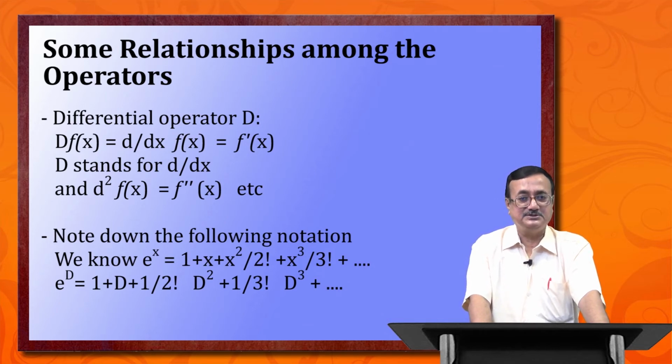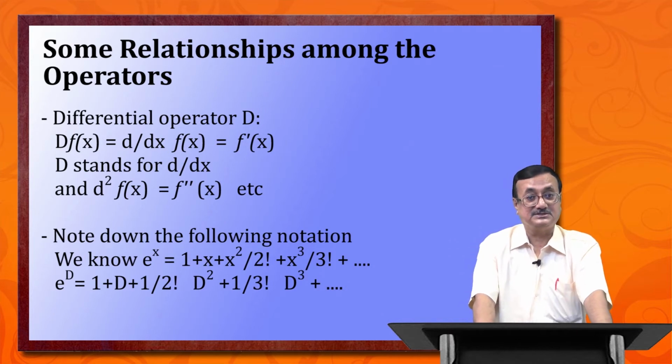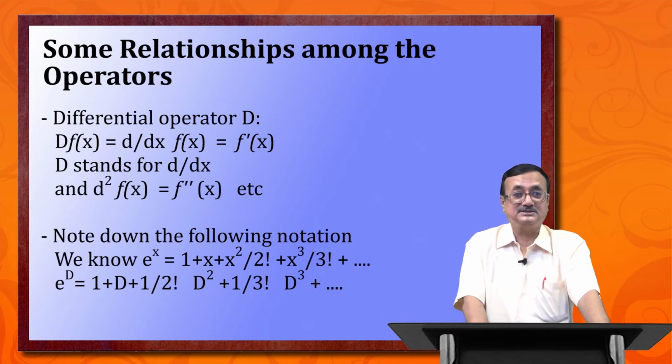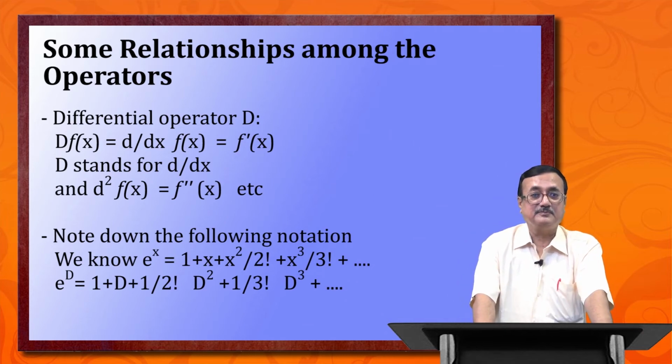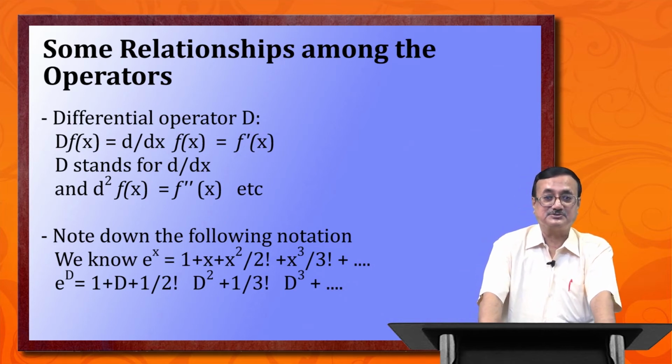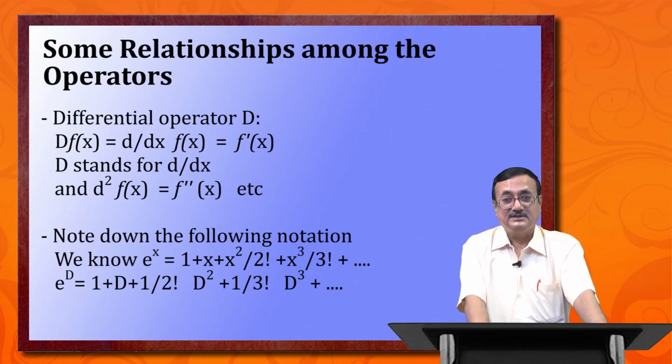Let us agree to write e to the power D. However, D is an operator while x is a real number. But we agree to use this definition that e to the power D is nothing but 1 plus D plus 1 by factorial 2 D square, etc.